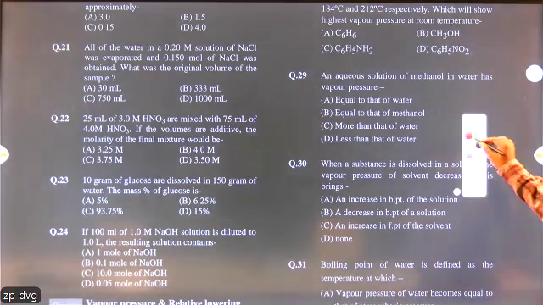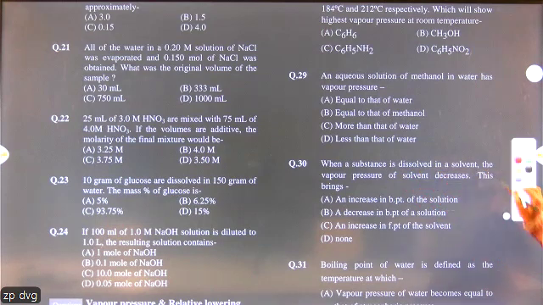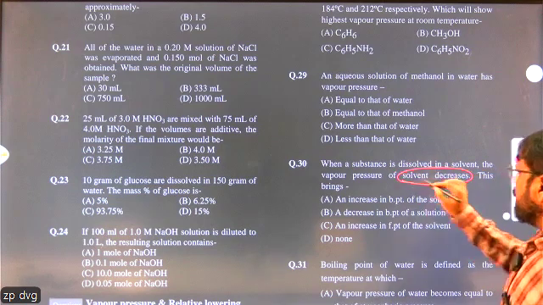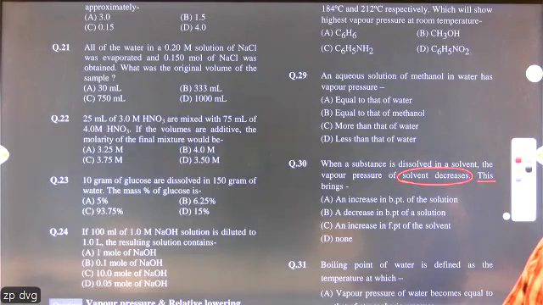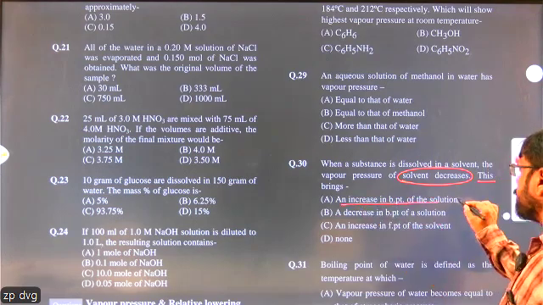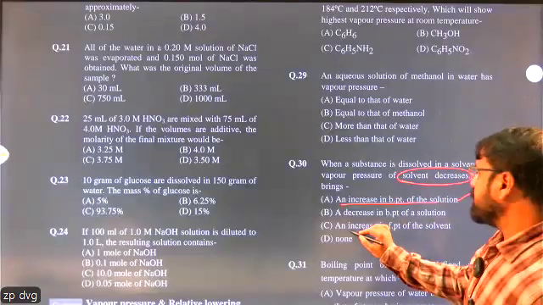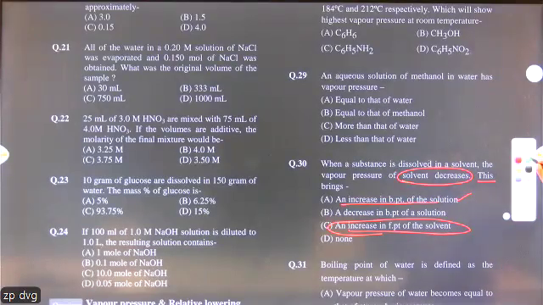See the question. When a substance is dissolved in a solvent, the vapor pressure of the solvent decreases. What does this bring about? It increases the boiling point of the solution and decreases the freezing point of the solution.